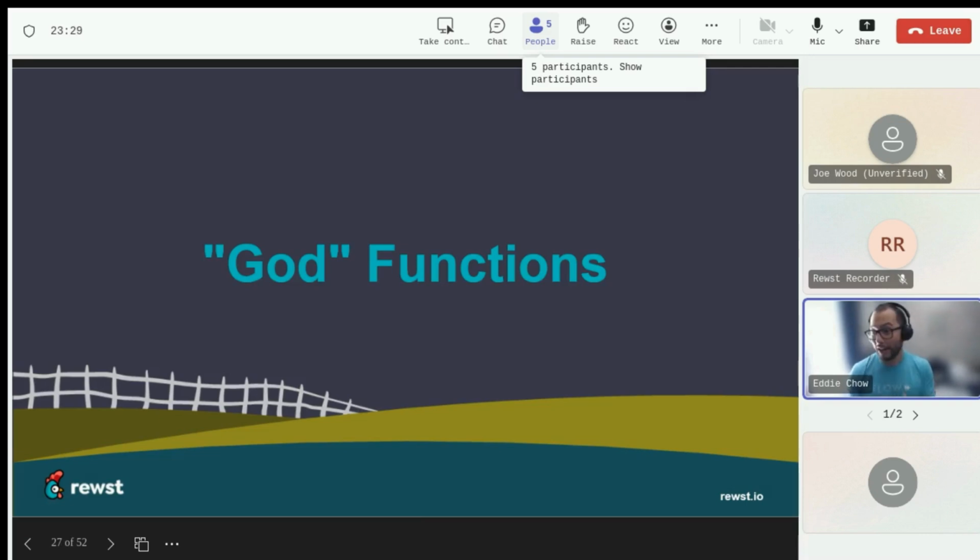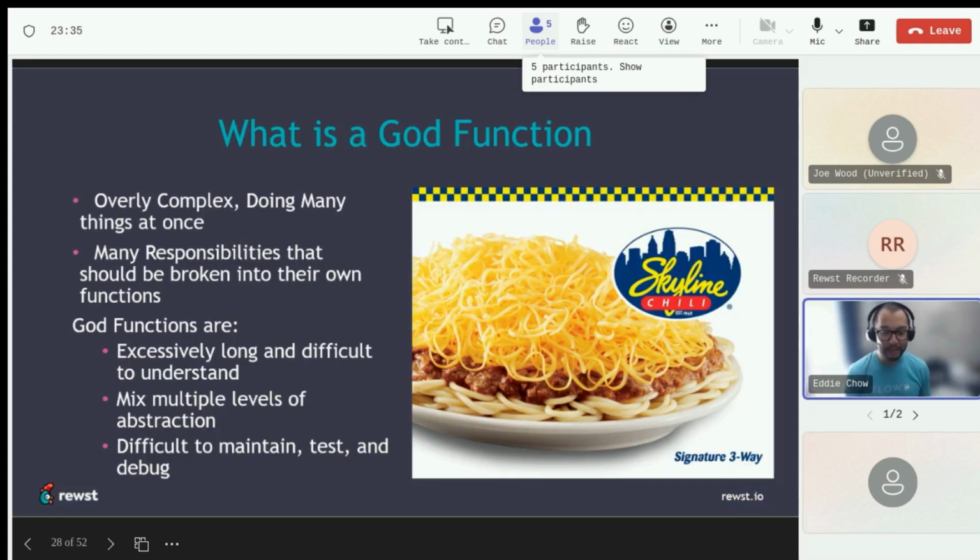Sometimes you'll hear them as God objects or even God automations. But basically, the idea behind it is whether you're creating a function or a sub workflow, a God function is when a function is extremely complicated and is trying to do literally as many things as it can, having many, many responsibilities, right?